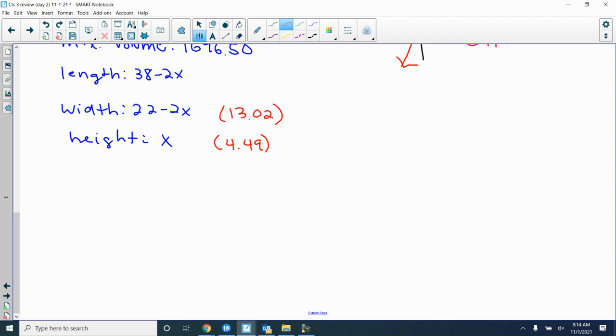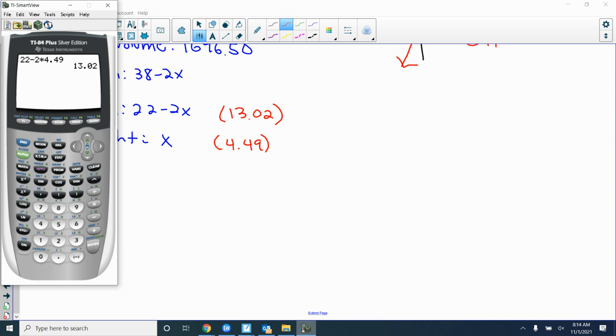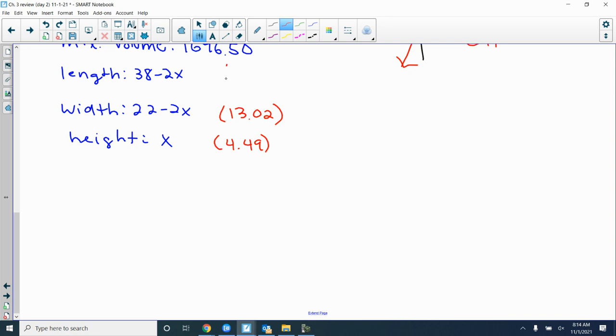That would be my width. And then 38 minus 2 times 4.49 gives me 29.02. So that problem, there's a lot going on there.